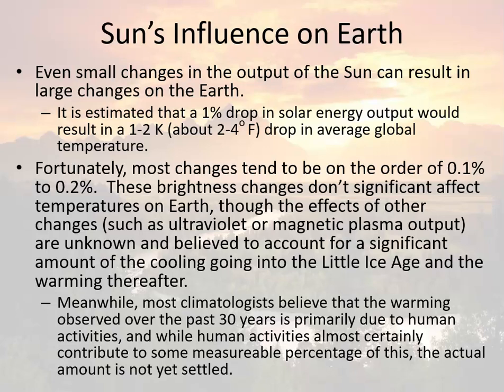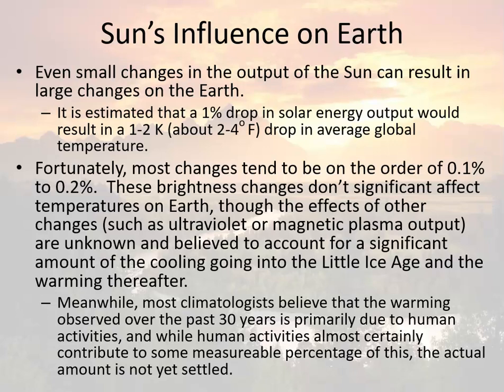Fortunately for us, or maybe unfortunately in the face of upcoming global warming, most of the changes from our sun are only on the order of about 0.1 to 0.2%. So these types of brightness changes don't really have a significant effect on temperatures on Earth.